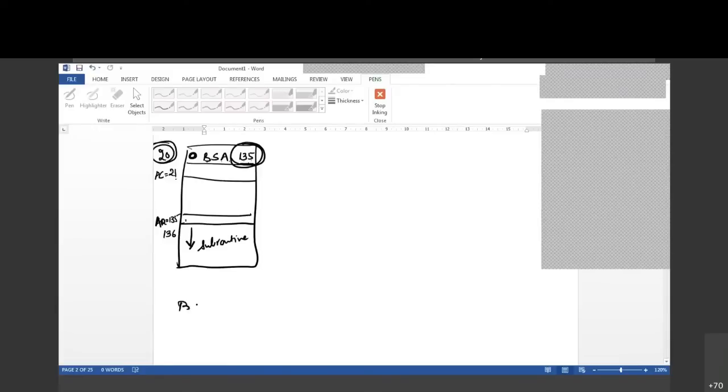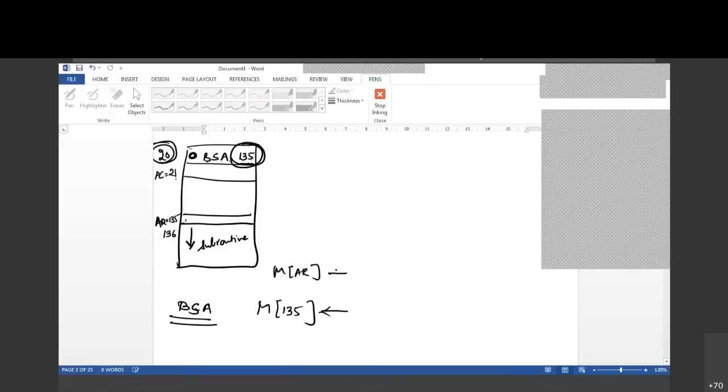When this instruction BSA, branch and save return address, is executed, what would happen? In M of 135, as we wrote above, what we need to do is store PC in M of AR.